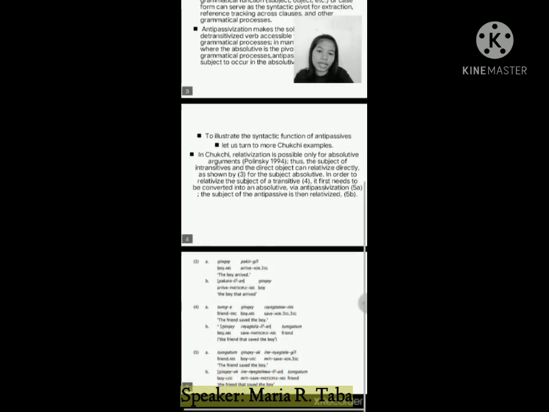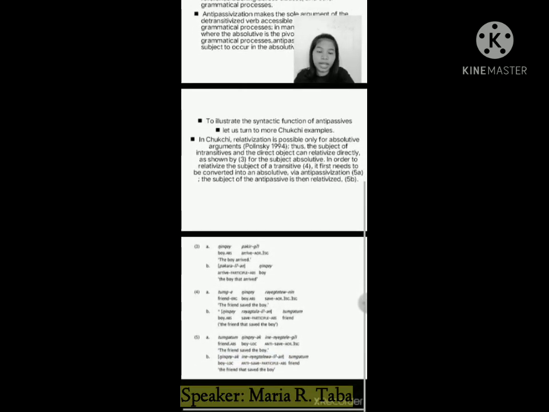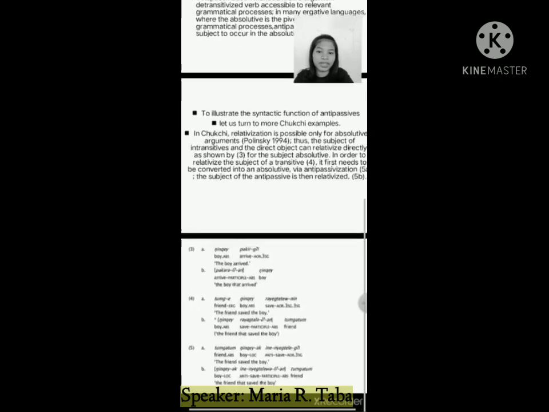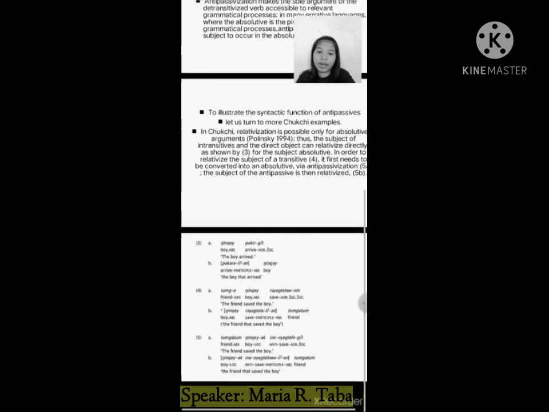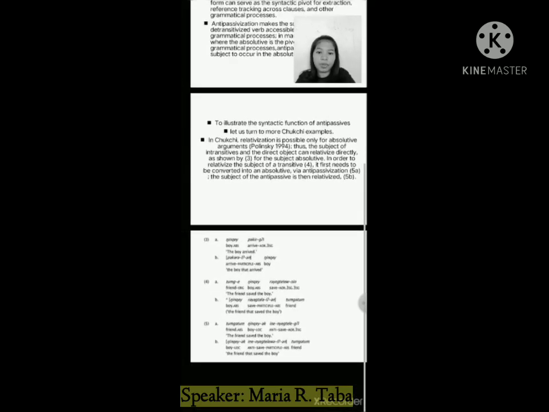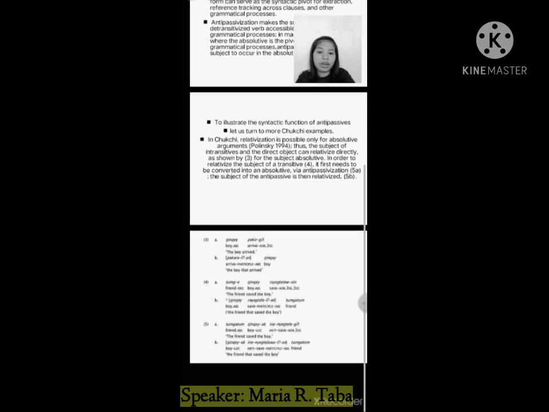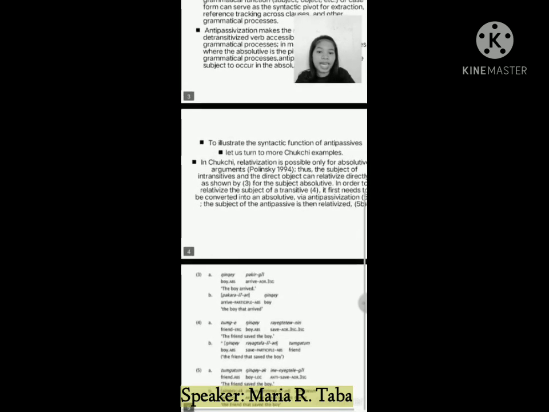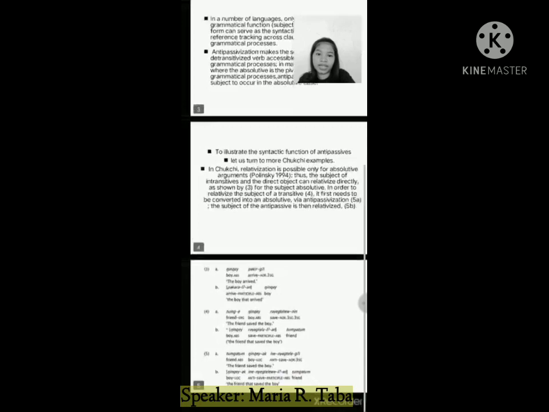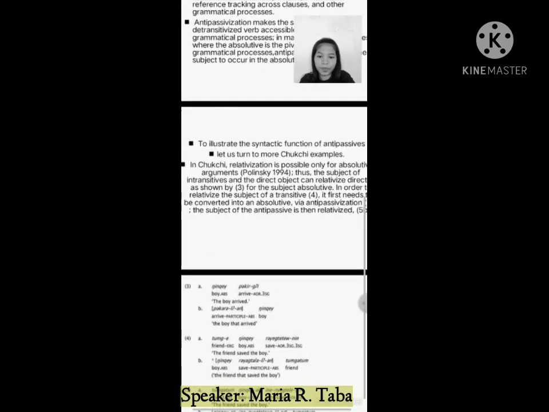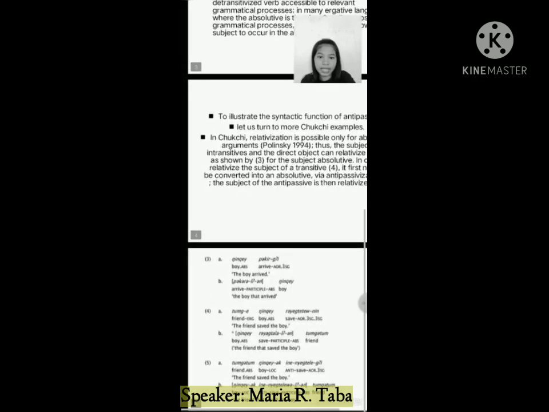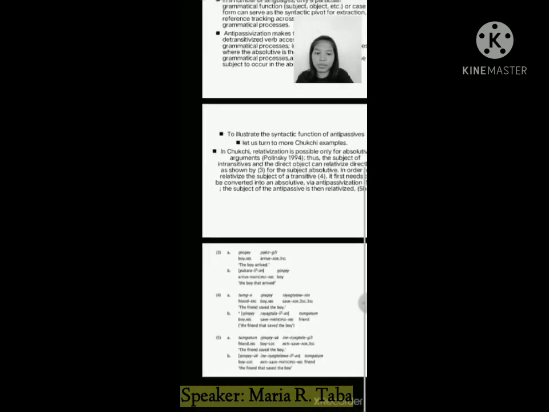To illustrate the syntactic function of the antipassive, let us turn to more tricky examples. In Tricky, relativization is possible only for absolutive arguments. Thus, the subject of an intransitive and the direct object can relativize directly, as shown by number 3 for the subject absolutive.